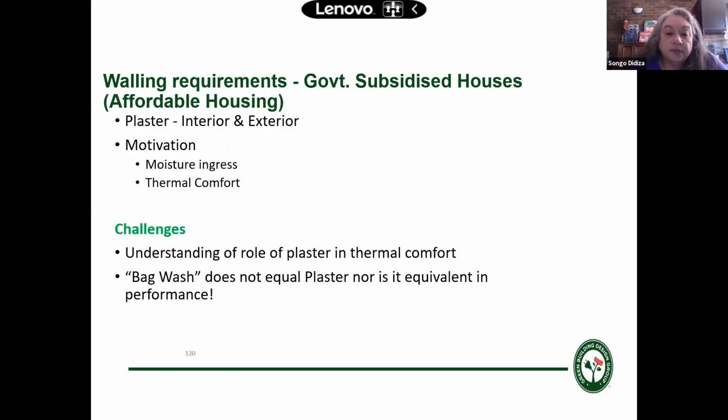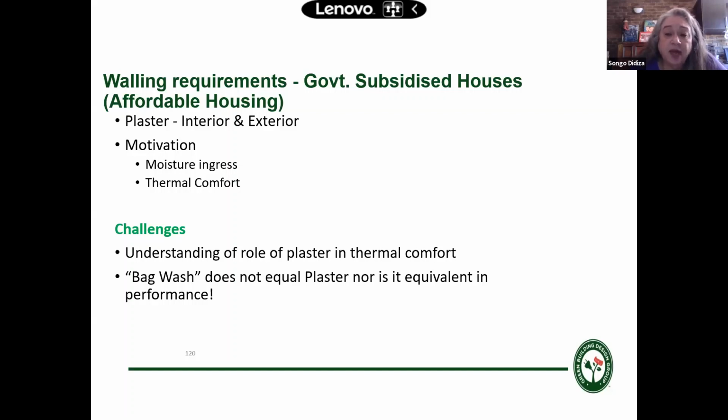Somebody mentioned yesterday that it's not even a plaster that they use in the affordable housing sector, it's this bag wash. Now, bag wash does not cut it. Because the reason for the plaster is that you want to prevent moisture ingress, and you also want to prevent a surface for the mold to etch onto.